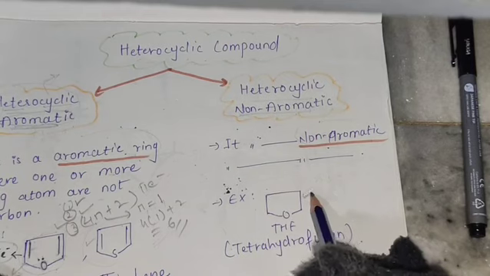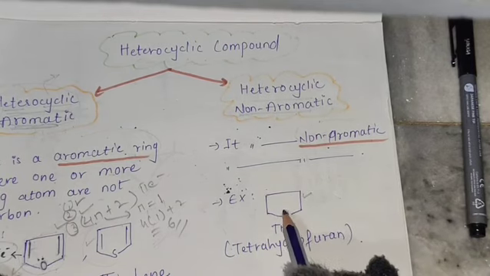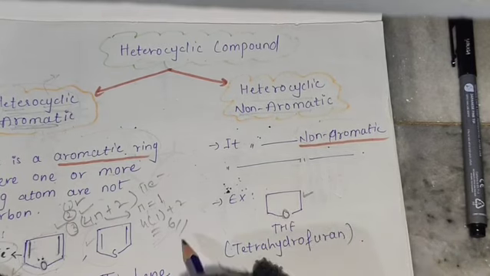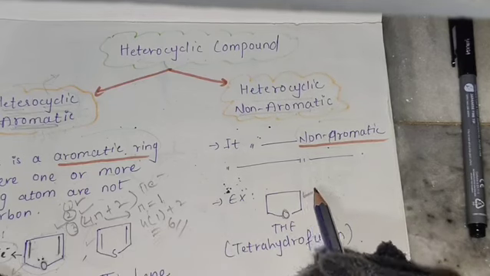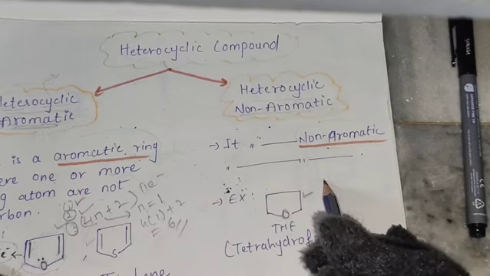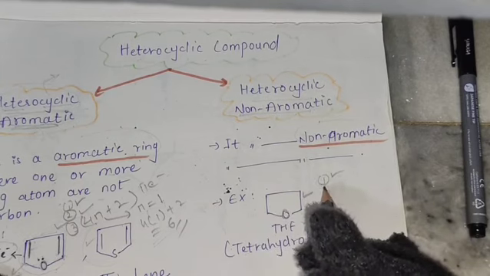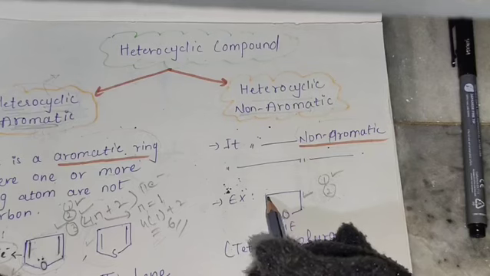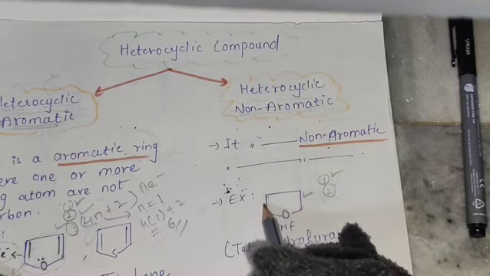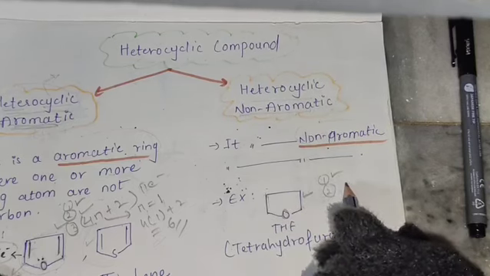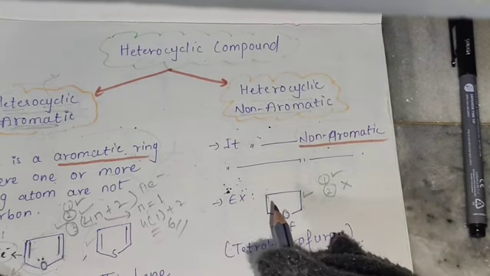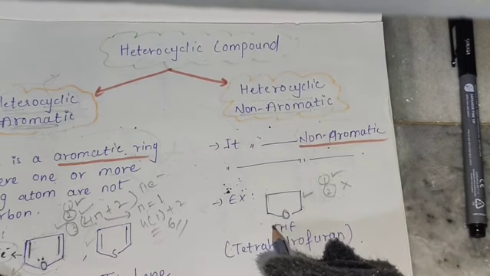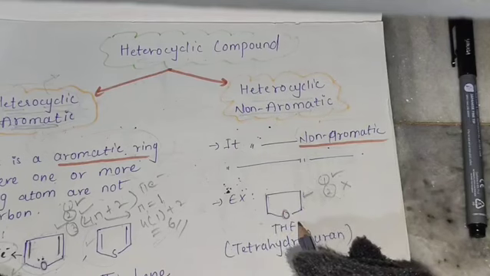See here, it is cyclic and contains one different atom, that means a heterocyclic compound, but it is not aromatic. Why? The first condition is followed, but what about the second condition? This compound does not contain any double bond. All are single bonds, that means conjugation is not there. That's why this is non-aromatic.